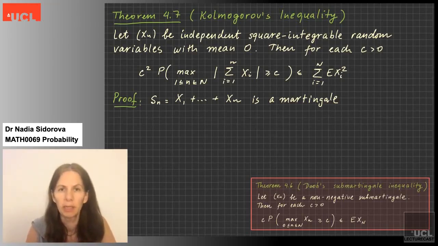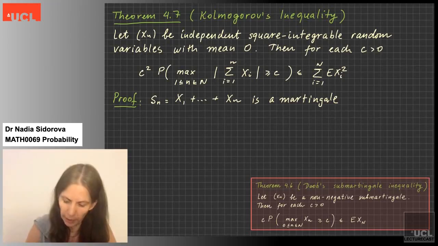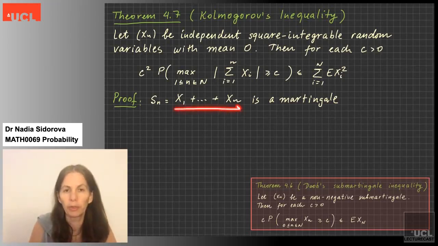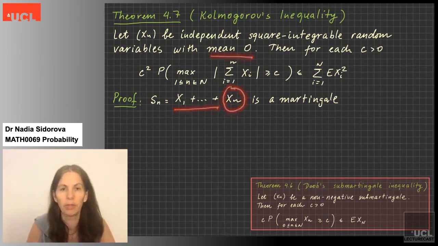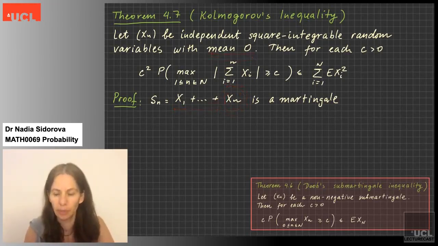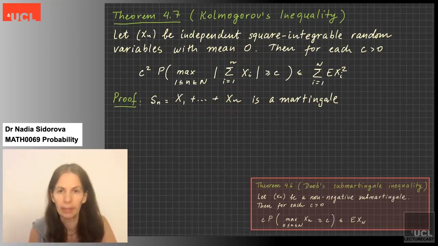It is adapted to the natural filtration, so we consider it with respect to the natural filtration. And most importantly, if I condition this whole thing on Fn minus 1, then I will keep Sn minus 1. And since this guy is independent, I will replace it by its expectation, which is 0, right? We have done it many times, so this should be clear.